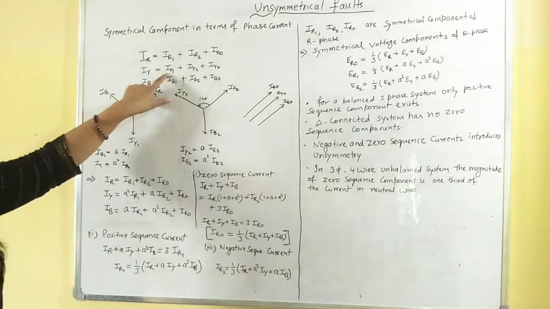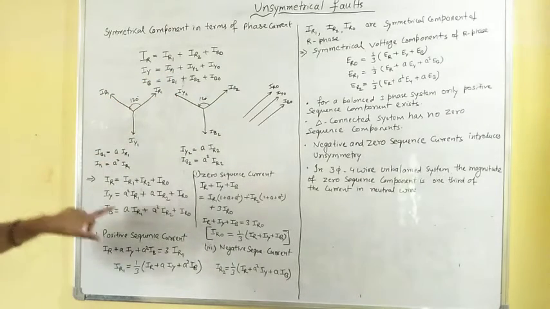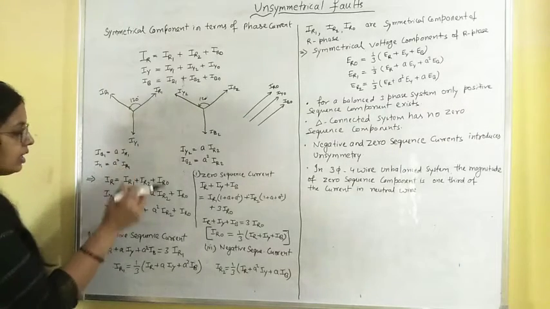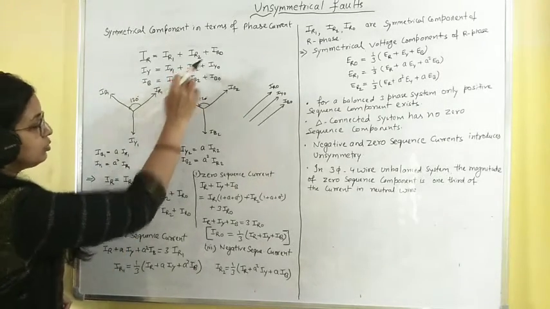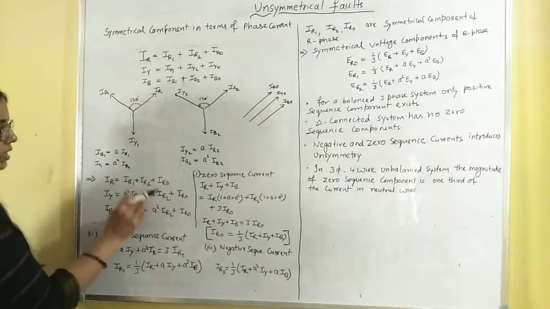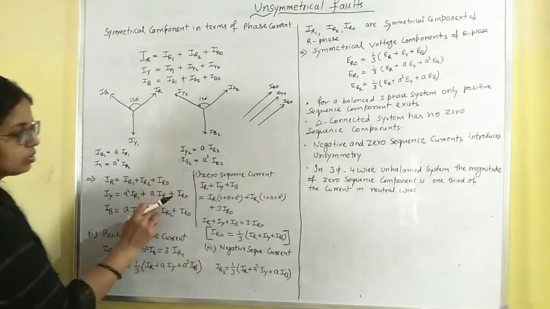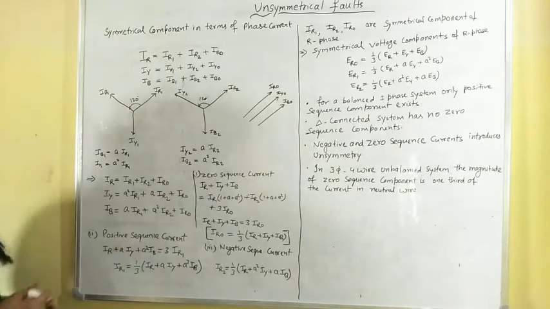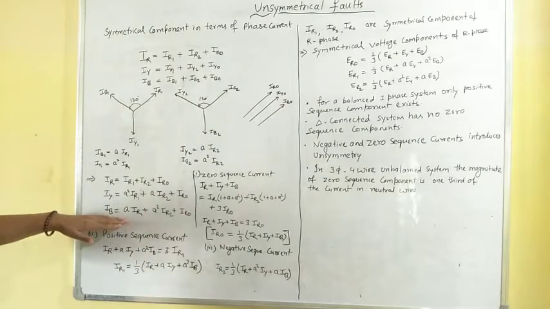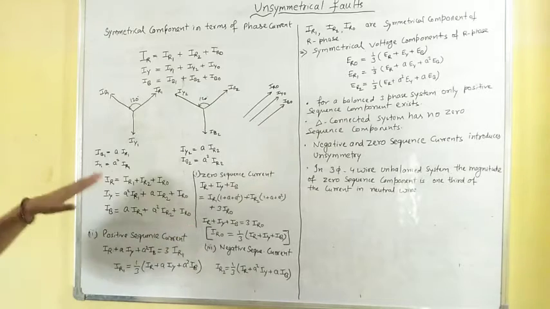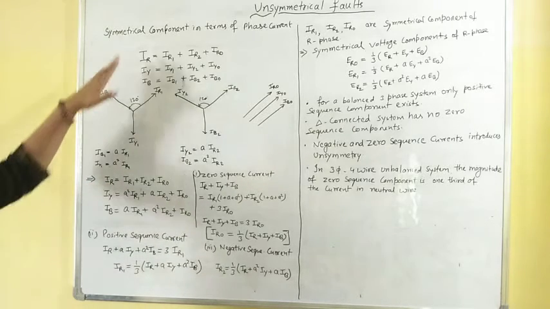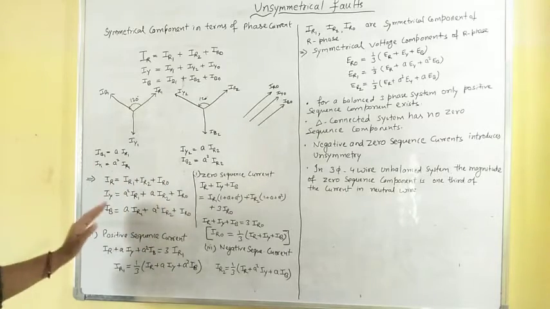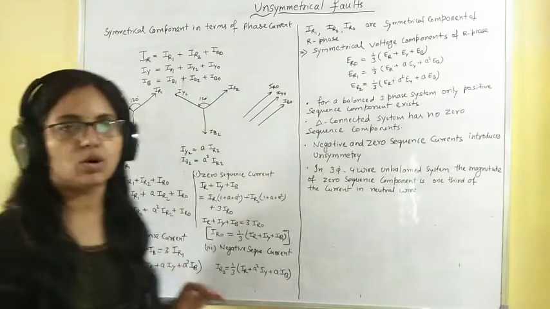In place of IY1, we can write A square IR1. Then in place of IY2, we can write A IR2, and the zero sequence component will be IR0. Similarly for IB, we can write this equation. So we have converted these line current equations into one form, but for the R phase only.